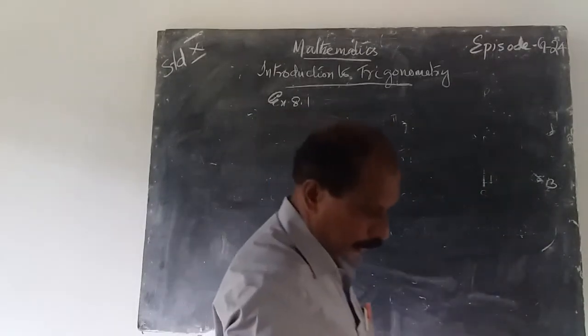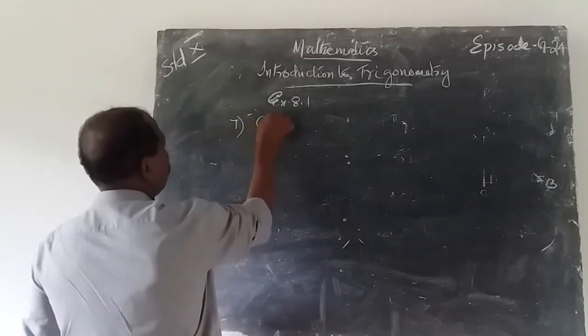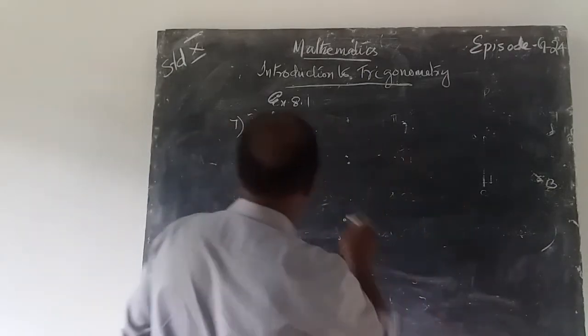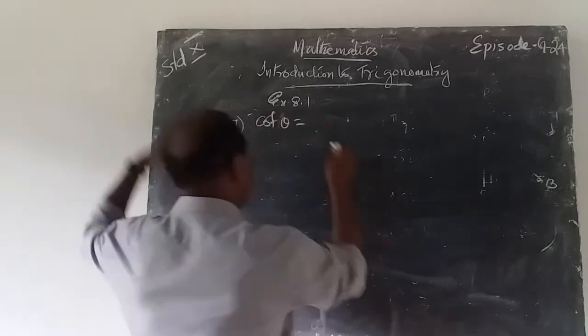Then question number 7. Cot theta is equal to 7 by 8.